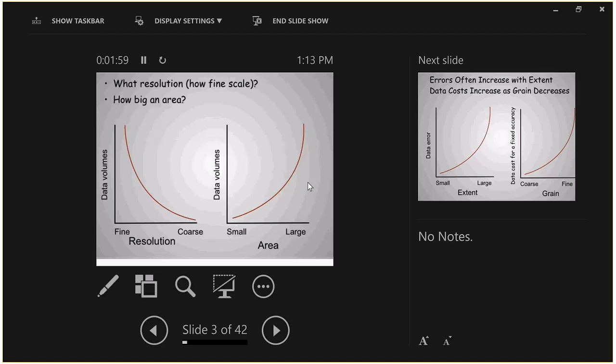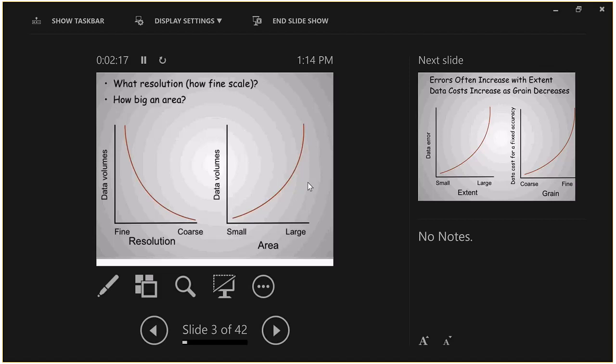Whereas if we have coarse data, we'll have much smaller data volumes. And obviously, if we change the area that we're looking at, the more area we look at, the larger data volumes we can get.